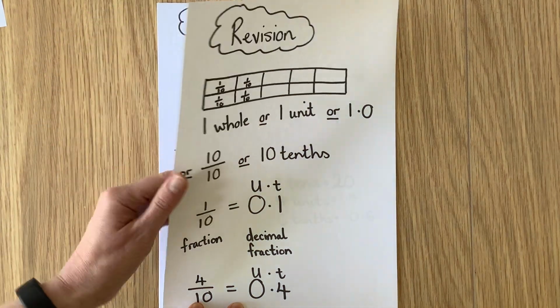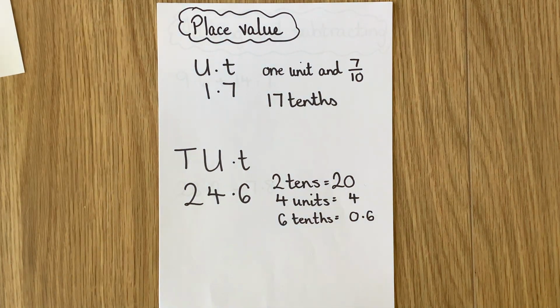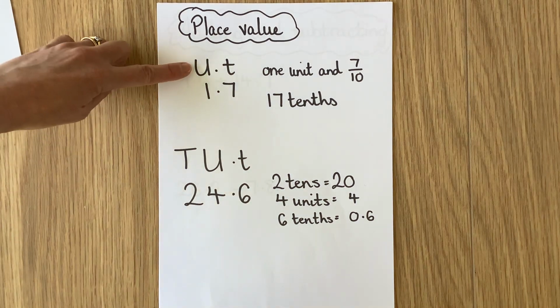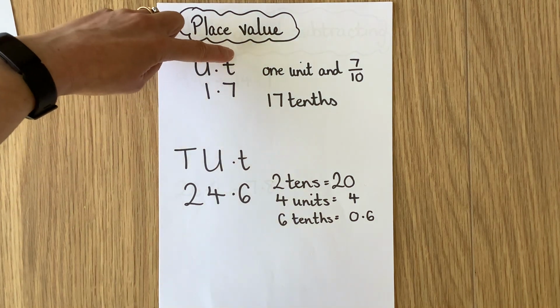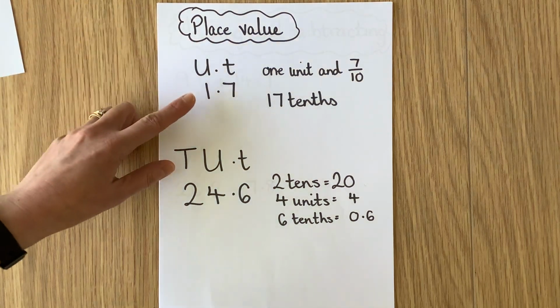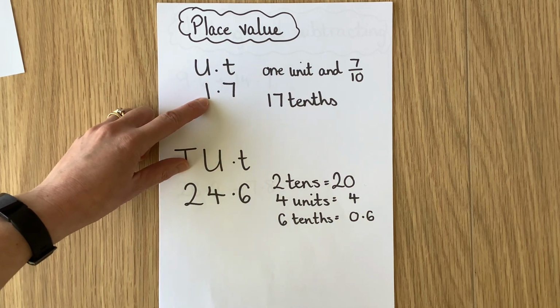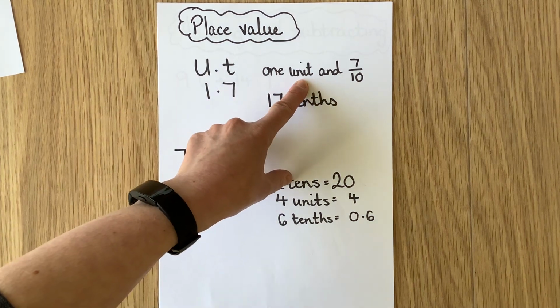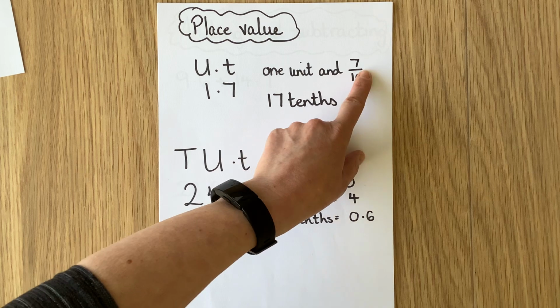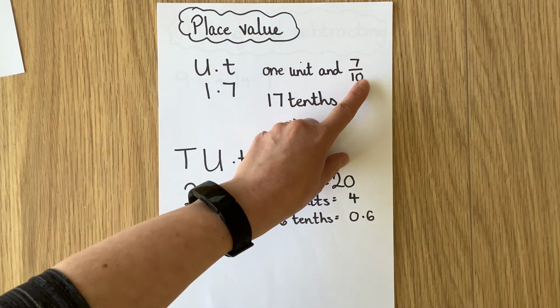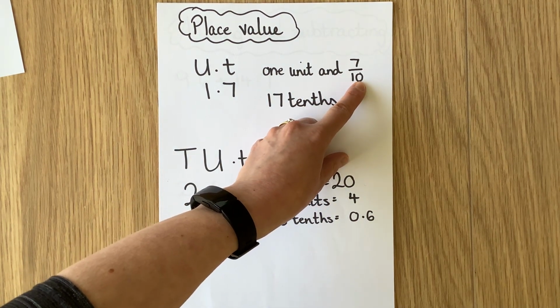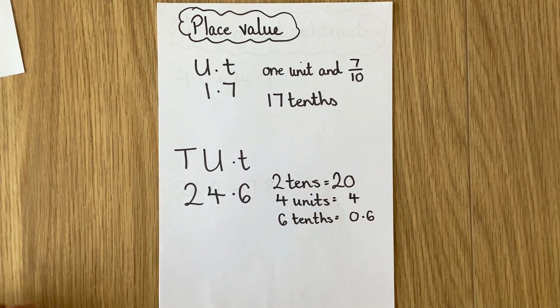Now, what we also started doing then was we started thinking about what's called place value. And we thought about using our headings: units, decimal point, tenths. So if I write down the number 1.7, what does 1.7 mean? Well, the 1 means I've got one full unit, one full group, and the 7 means I've got 7/10, 7 out of the 10 pieces of the next one.